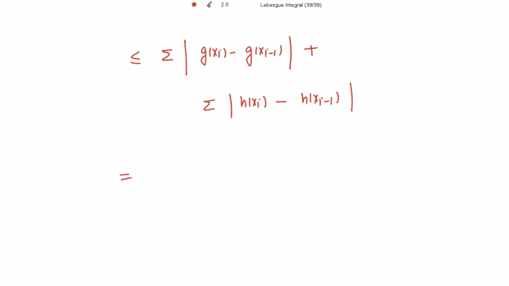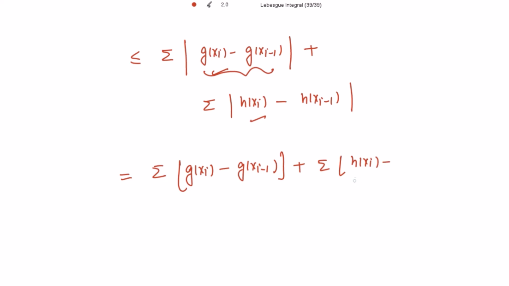So further it is equal to, because g and h are increasing functions, right? The absolute value can be written as it is: g(x_i) minus g(x_{i-1}) plus the summation where the mod is dropped, h(x_i) minus h(x_{i-1}). These are positive, right?